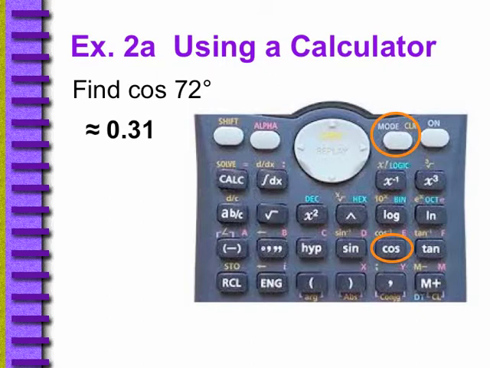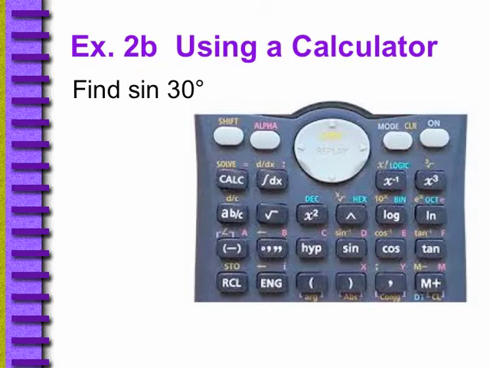You can experiment with your calculator to make sure you get approximately 0.31. The sine of 30 degrees, find your sine button, type in 30, and you will get 0.5 exactly. And the tangent of 70 degrees is 2.75.